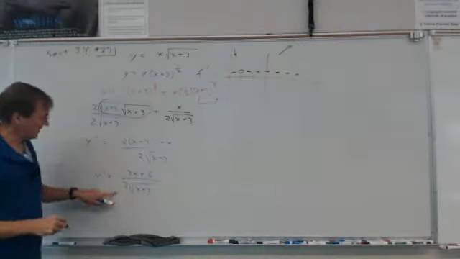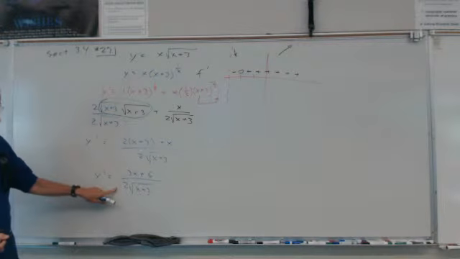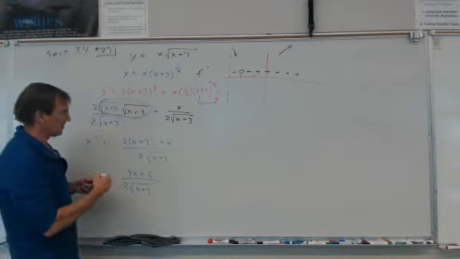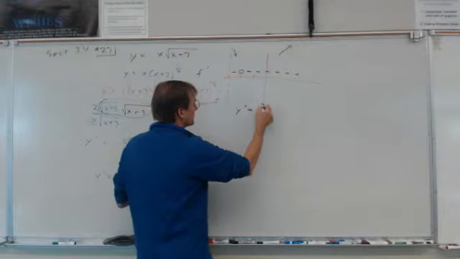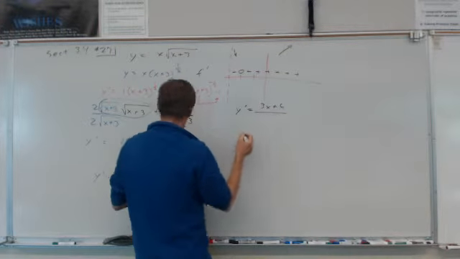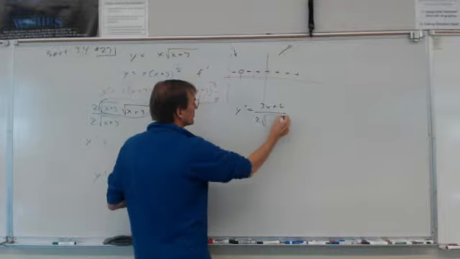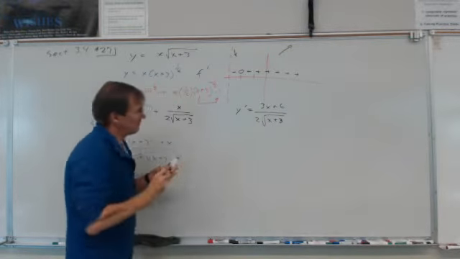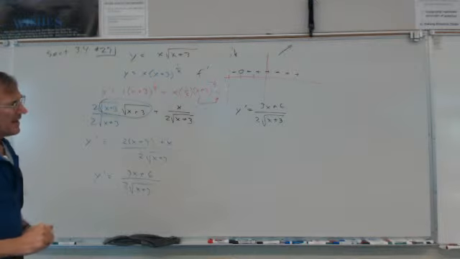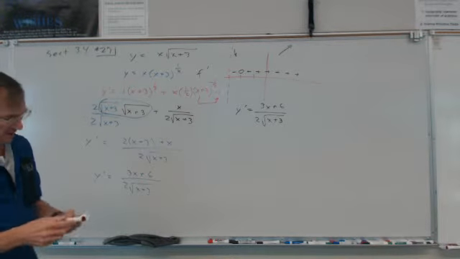And now let's look at the second derivative. So if we differentiate this again, let me write the first derivative over here again: 3x plus 6 over 2 times the square root of x plus 3. I think it's probably easiest to do this as a quotient rule.